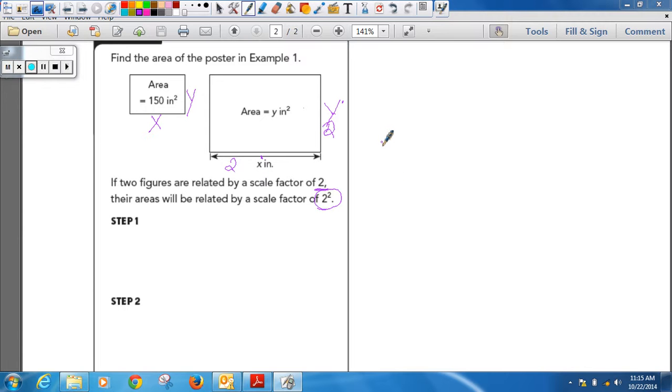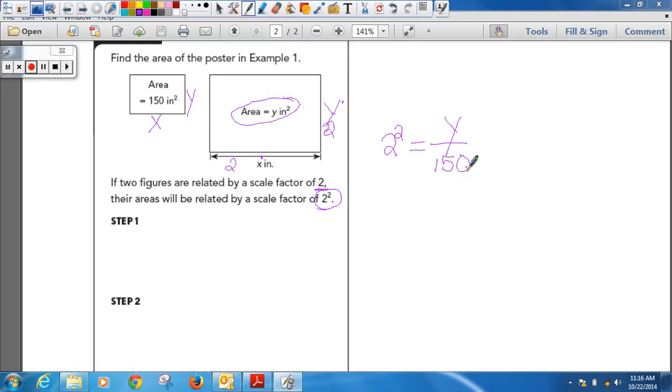So to set up my equation, I would do the following. The scale factor of my area, 2 squared, is equal to the area, Y inches squared, over the actual, which is 150 inches squared.